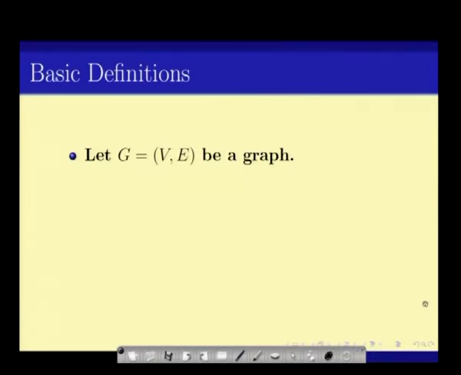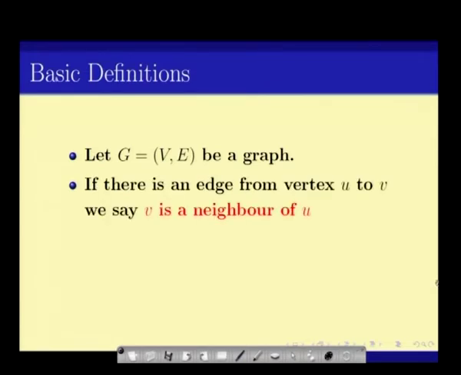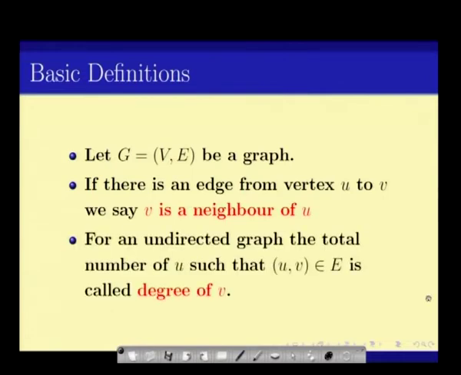There are some other basic definitions of graphs that maybe many of you have seen. For example, if there is an edge from u to v, then we say that v is a neighbor of u, and the set of all neighbors of a particular vertex u is called the neighborhood of u, and the size of the neighborhood of a vertex u is called the degree of u.